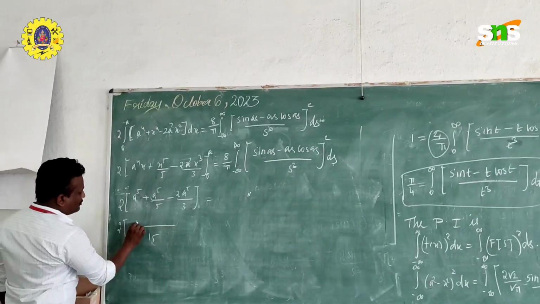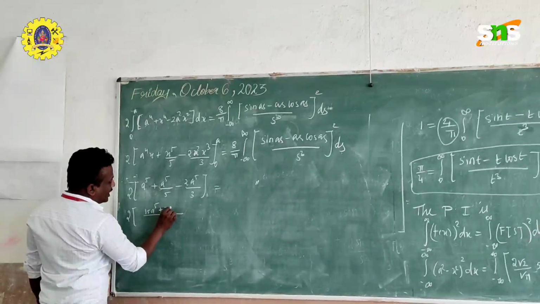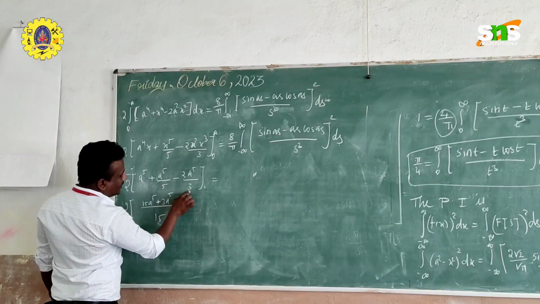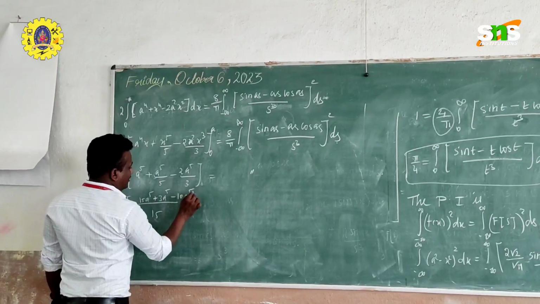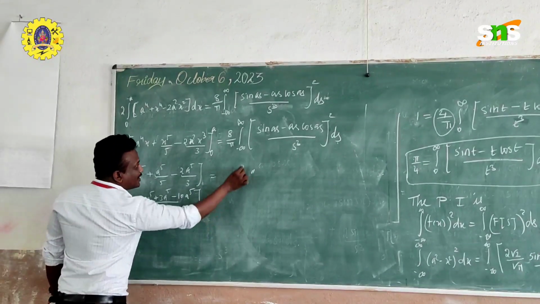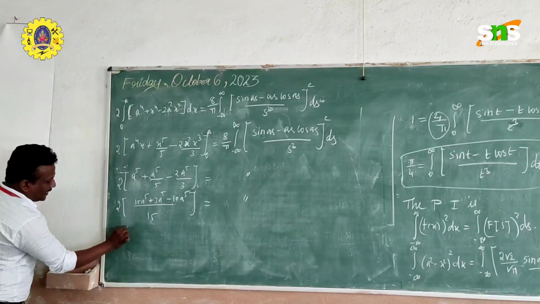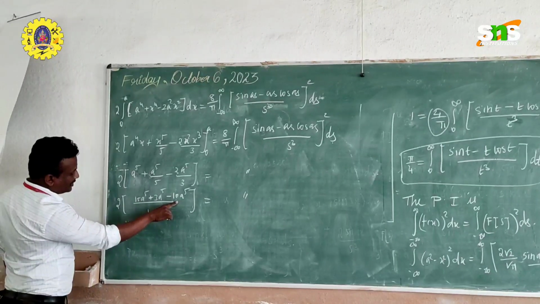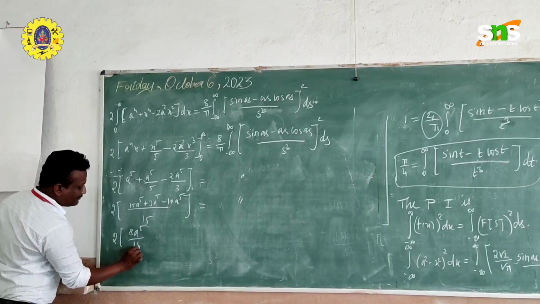It is 15. So 15a power 5 plus 3a power 5 minus 10a power 5. Just close it. Now next 2 into, just simplify it. So 15 minus 10... 8a power 5 divided by 15.